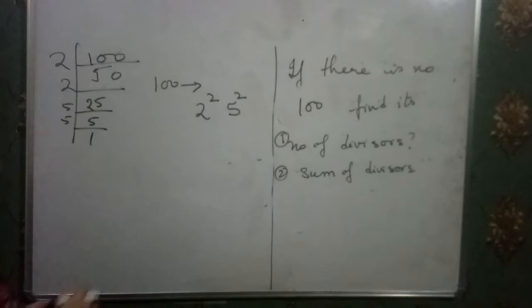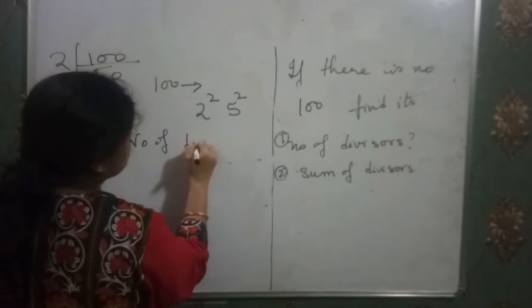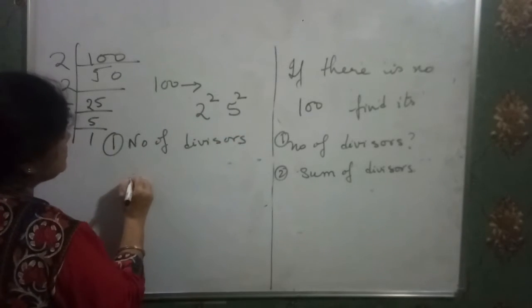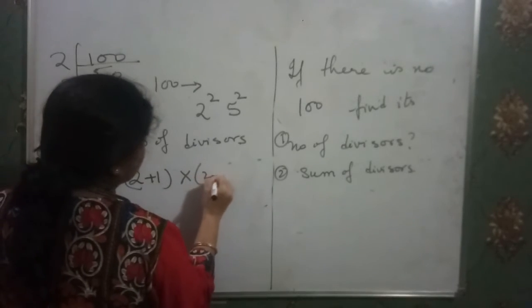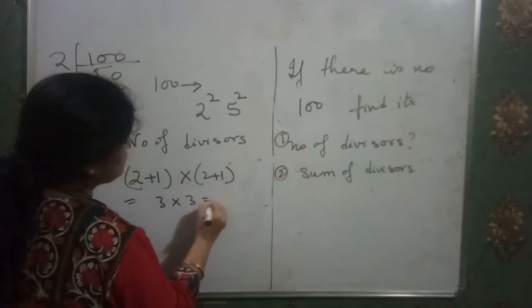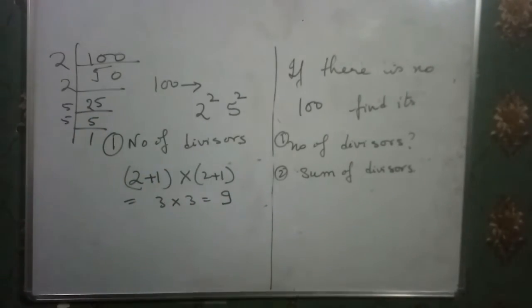Clear? So the first question, number of divisors. So it becomes 2 plus 1 into 2 plus 1. That means we have 3 into 3 is equals to 9. Clear?